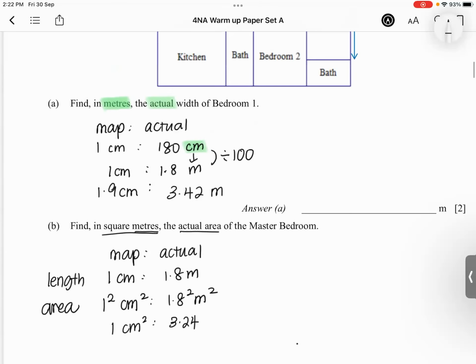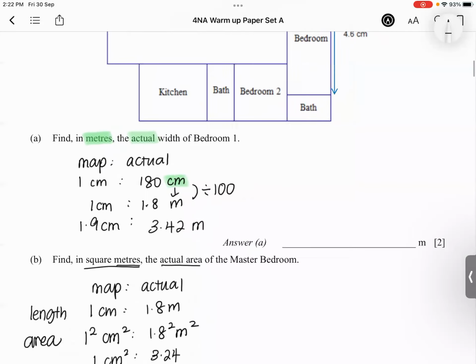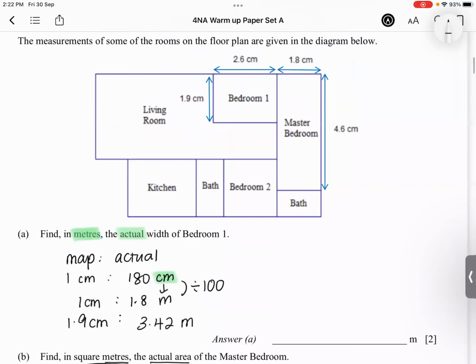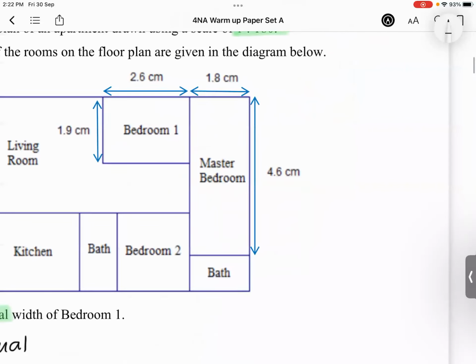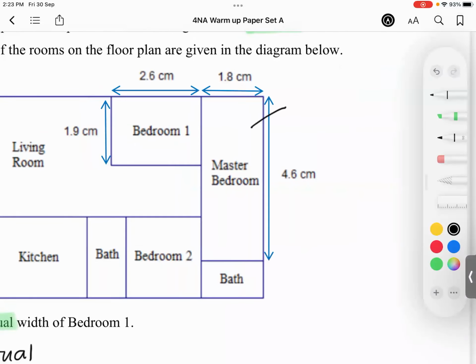Then next part, the question says area of the master bedroom. What's the area of the master bedroom? The master bedroom over here has a width of 1.8 and a length of 4.6. So what we can do is 1.8 times 4.6 to find the area, 8.28 cm squared.